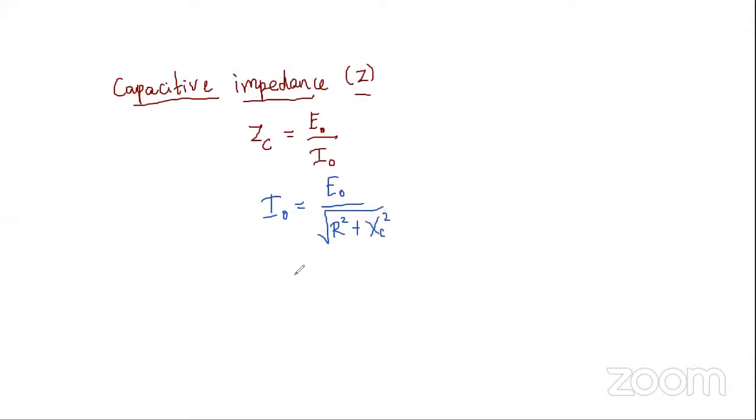Just now we have discussed, and from this, if we want to find E naught by I naught, it will be root of R squared plus XC squared. So here, what is the value of E naught by I naught? That is ZC, capacitive impedance, square root of R squared plus XC squared.